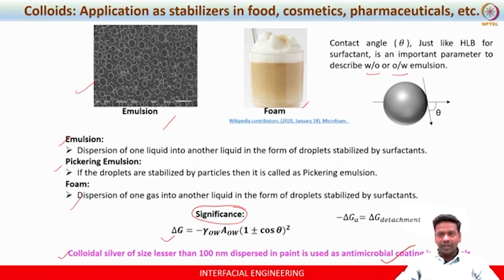So in hospital settings, these special paints are applied on the wall, so that they can act as an antimicrobial coating. It can keep the surface away from bacteria and other microorganisms. This is actually the latest development that took place in the paint industry.